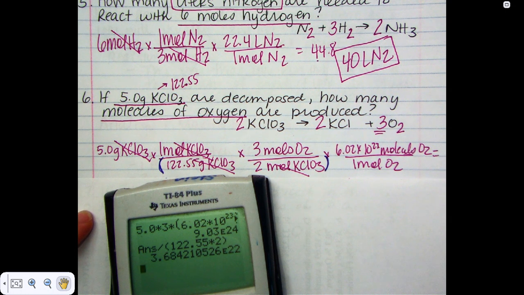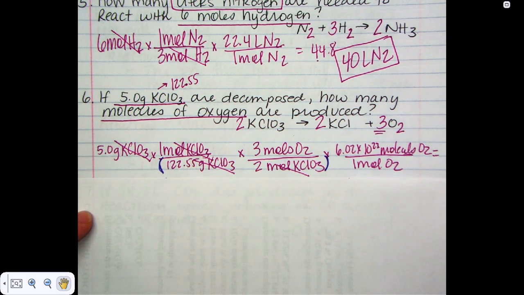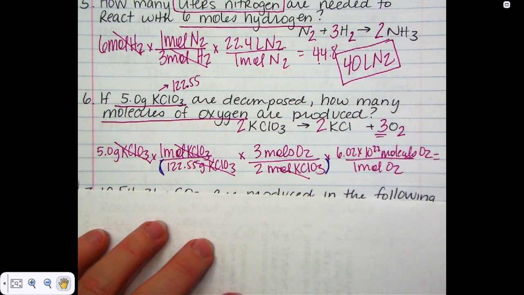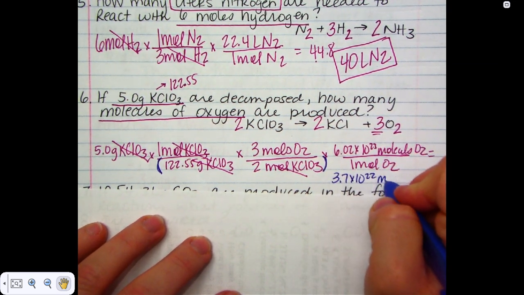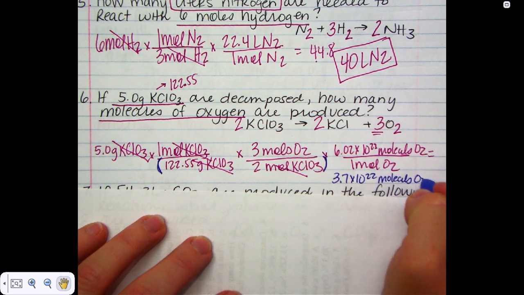And what do I get? 3.684 times 10 to the 22nd. So how many sig figs can I keep? I can have 2. So 3.68, that's going to be 3.7. 3.7 times 10 to the 22nd molecules, O2.